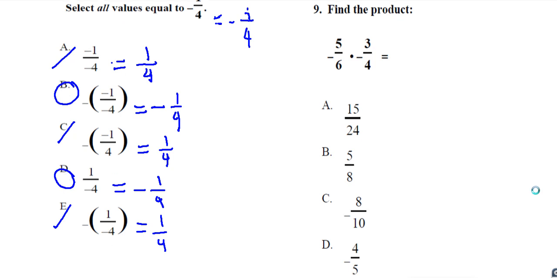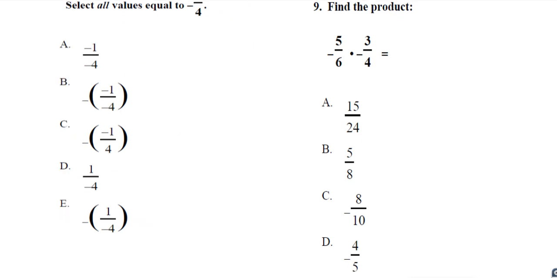For the next one, I'm asked to find the product of -5/6 and -3/4. So we saw already that when you multiply two negatives, you're going to have a positive result. So first of all, I can eliminate C and D because those have negative results. Those can't be right.